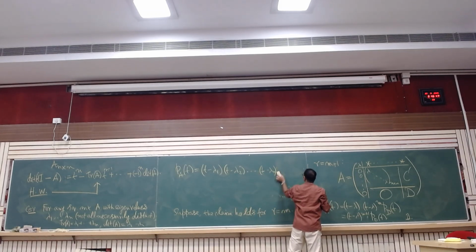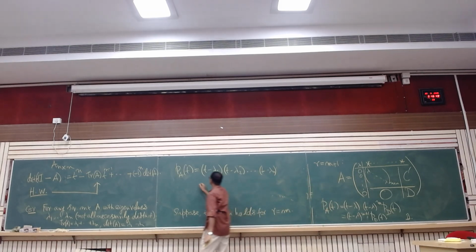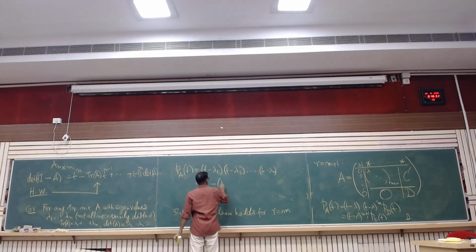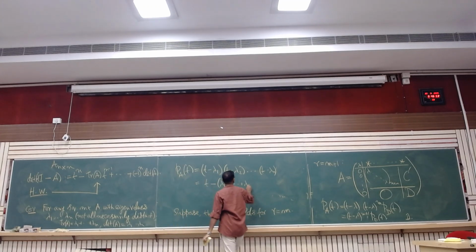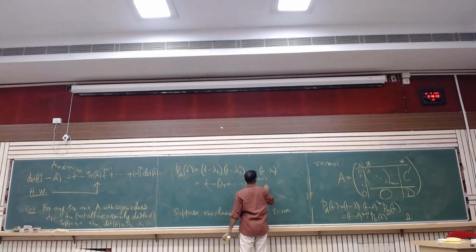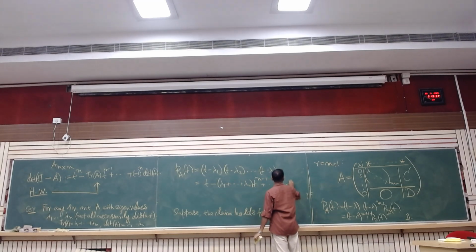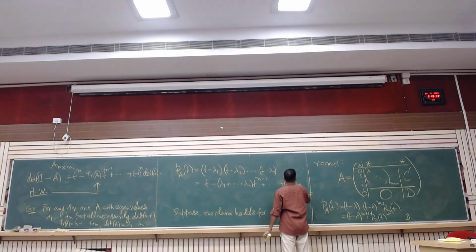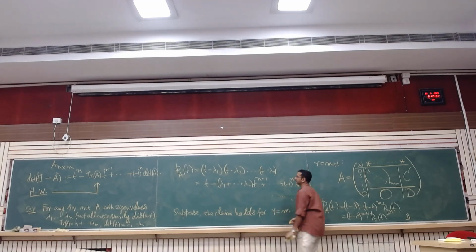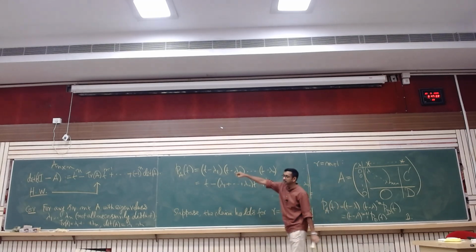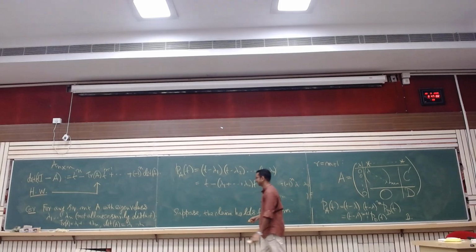And then the first coefficient here is minus (lambda 1 plus dot dot dot plus lambda n) times T power n minus 1 plus dot dot dot, the nth coefficient is minus 1 whole power n lambda 1 dot dot dot lambda n. Okay. So just compare this and this, and you are done.